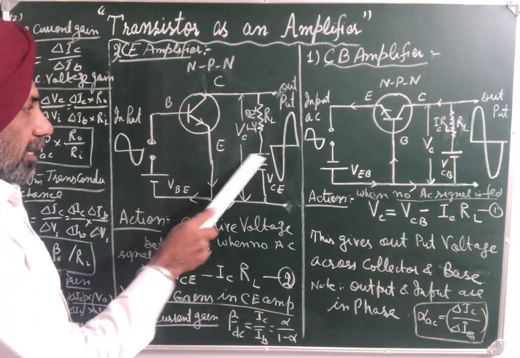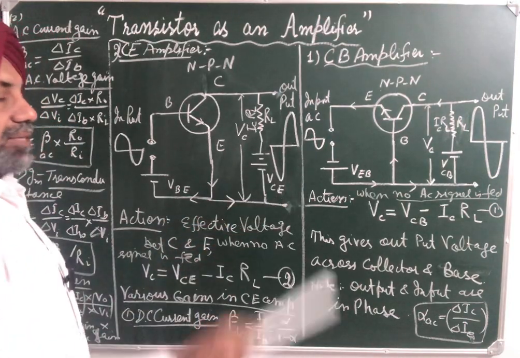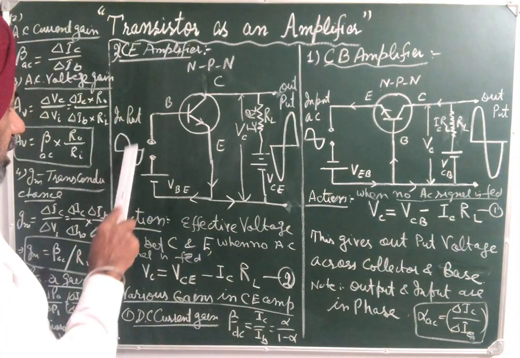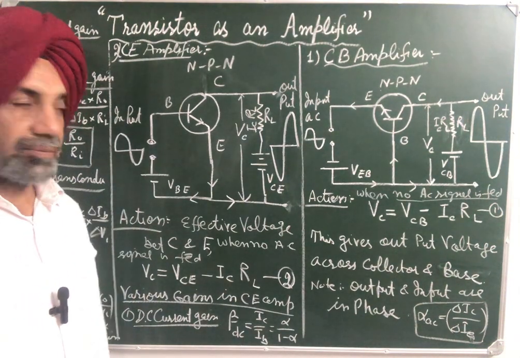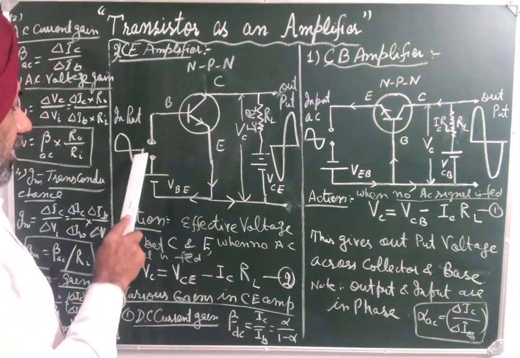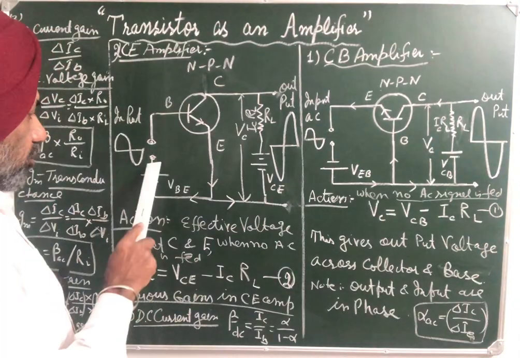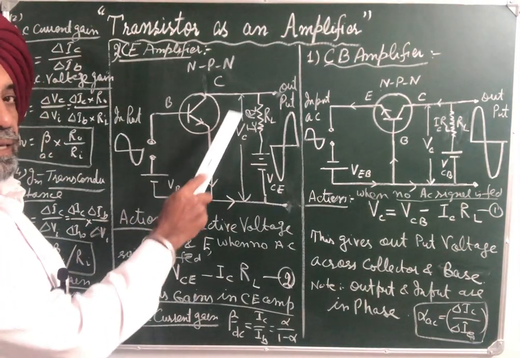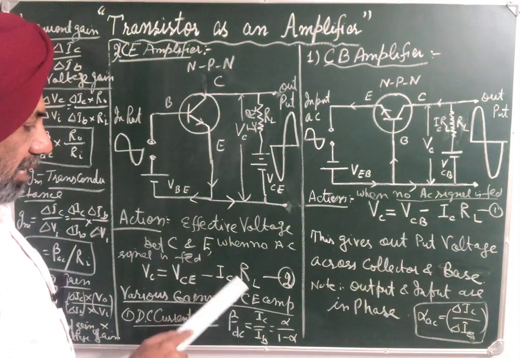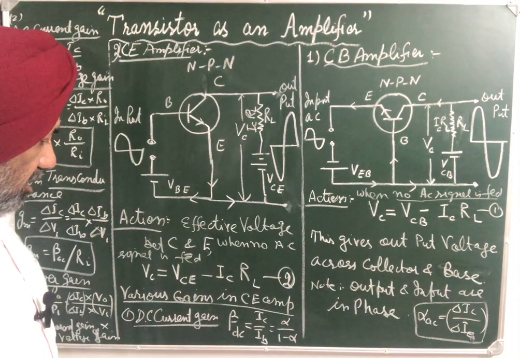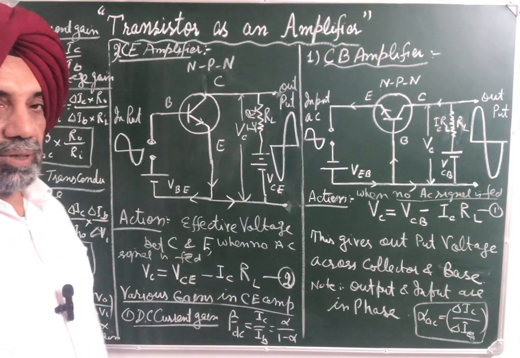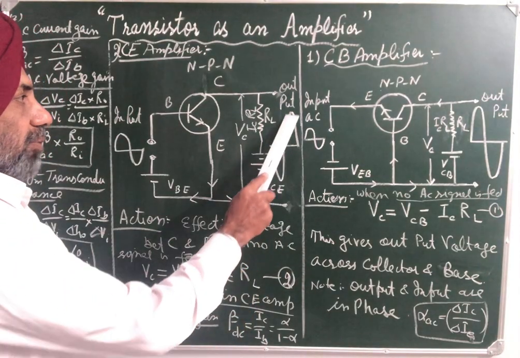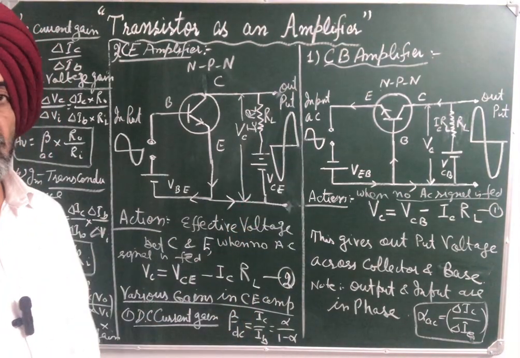So we get an amplified negative half cycle when the positive half cycle falls. Similarly, when the negative half cycle falls, it opposes the forward bias, so the forward bias decreases, emitter current decreases, collector current decreases, as a result ICRL decreases, so VC becomes more positive. Now we get an amplified positive half cycle.